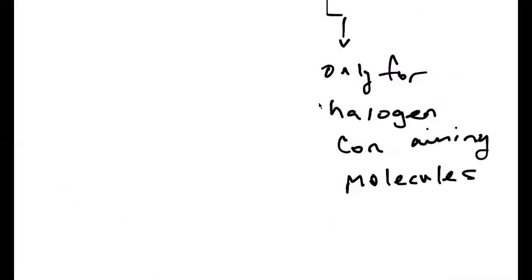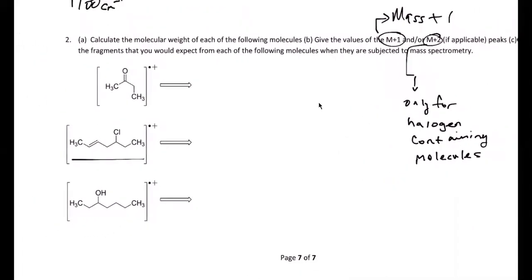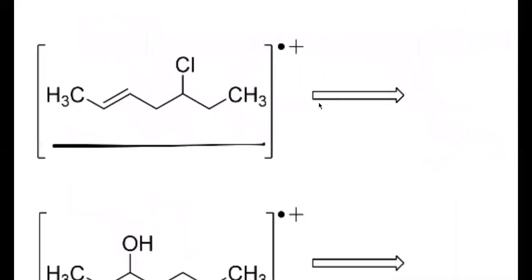All right, any questions about that? And then you just do your fragmentation pattern, right? And all of these are just going to do alpha cleavage, either alpha cleavage or allylic cleavage. Because right here, you got a double bond here. So the carbon next door, that's the bond that you're going to break for that.